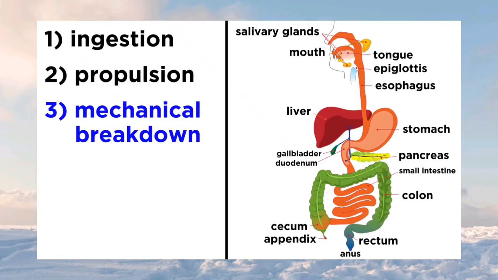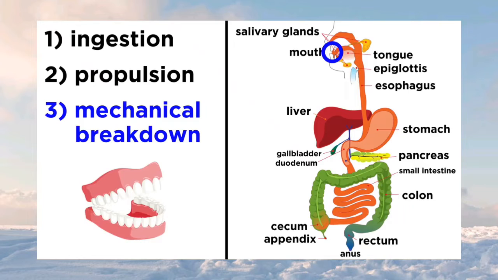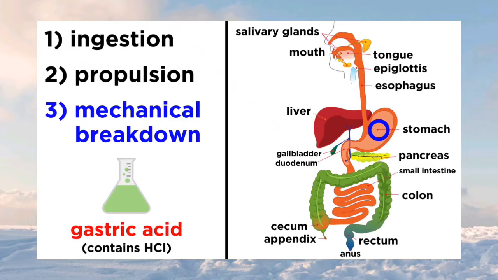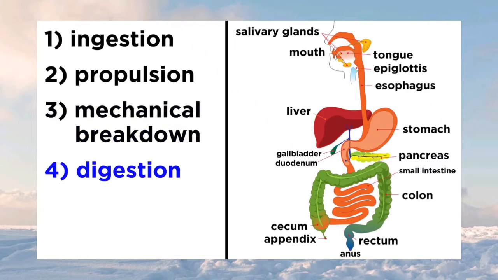The third is mechanical breakdown, which begins by using teeth and saliva and continues with further breakdown by digestive juices in the stomach, a very acidic environment due to the presence of gastric acid, which contains hydrochloric acid. Next is the part that is more formally referred to as digestion.